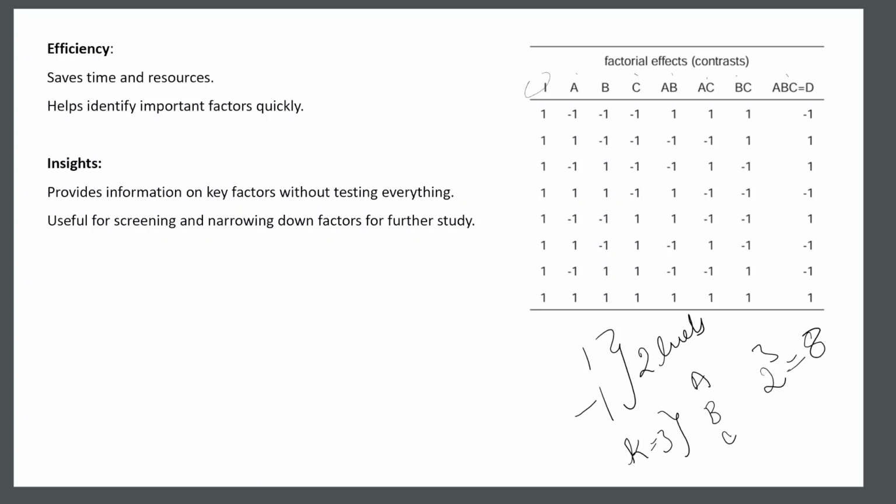Under each level, how many will you be doing? Here we are studying the interaction also. Without interaction, the number of experiments will be less. But here we are studying the interactions between AB, AC, and then BC, then ABC together.